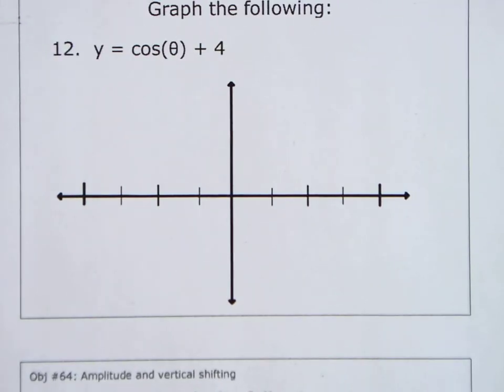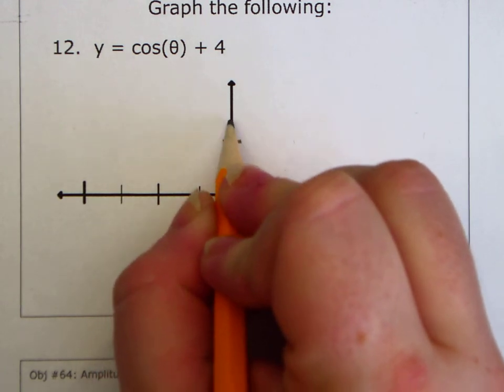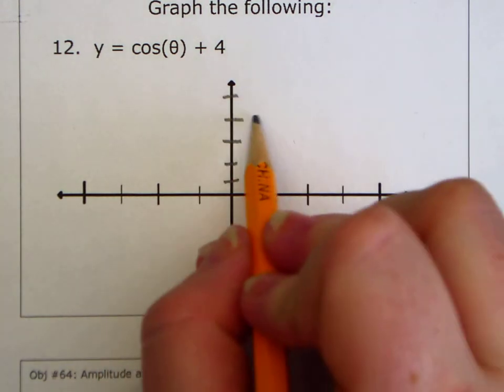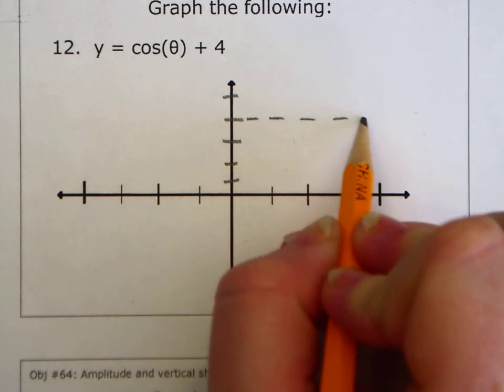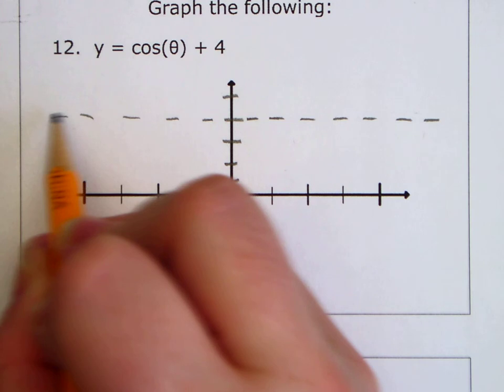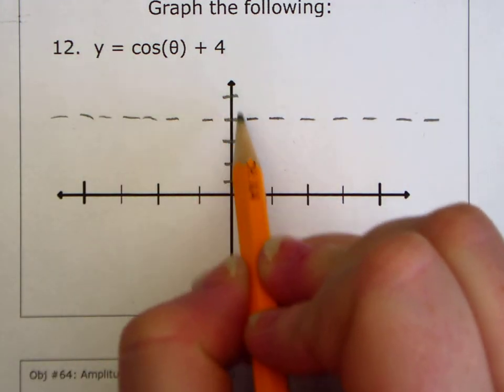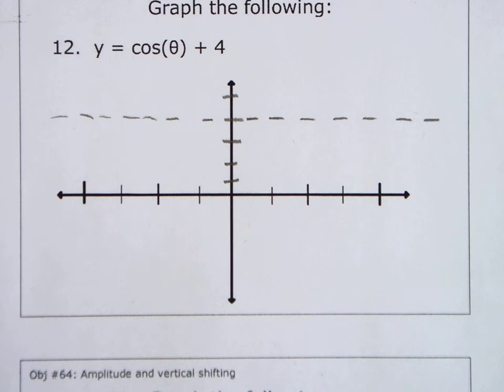Cosine of theta plus 4. 1, 2, 3, 4, 5. Why did I go up to 5? Because remember, you're going to go above the dotted line at some point. You have to go the amplitude. If this is my 0, I need to be able to go up 1 and down 1 from there. Where does cosine normally start?